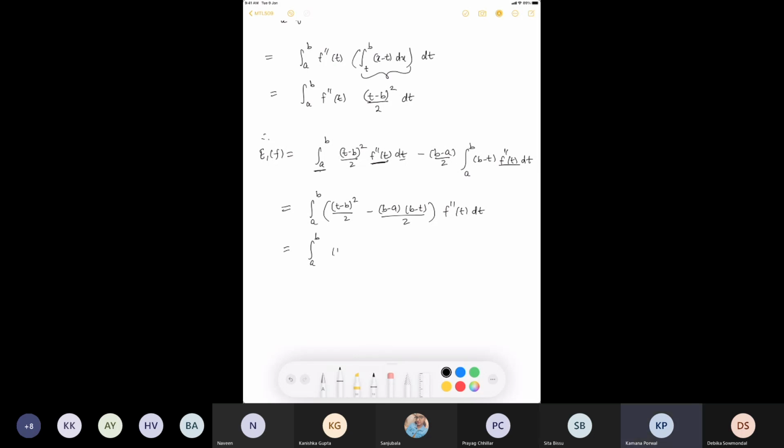So I'm going to take out the factor (t minus b) by 2. One by 2, I'm going to keep it outside. And then if you simplify, you'll get t minus b plus b minus a. So this will be t minus a times f double prime t dt.